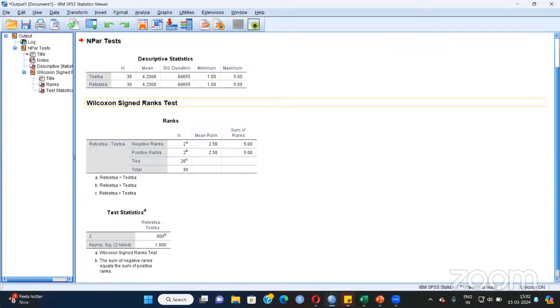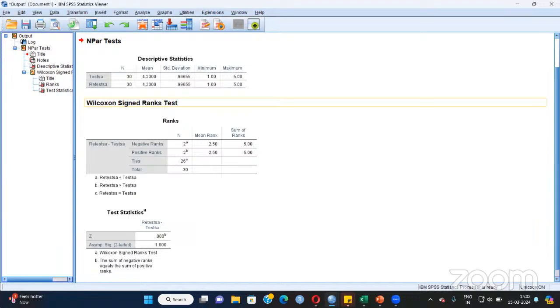So next, you have to click, and then you can find out whether there is any mean difference or not. Since here the data is hypothetical and the data is similar, you do not find any change in the mean. But in an actual situation, you will find the mean difference is there.